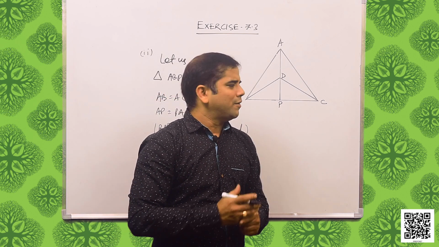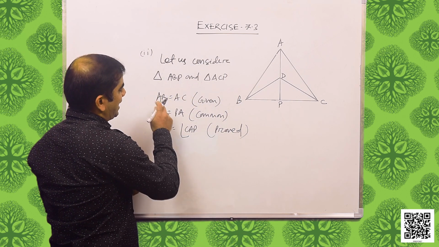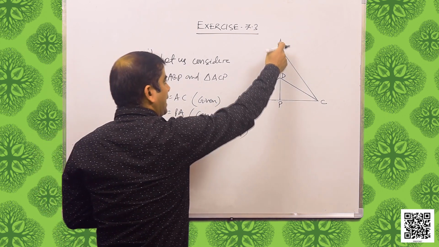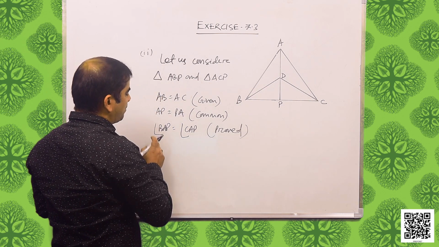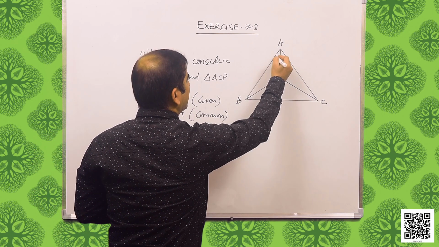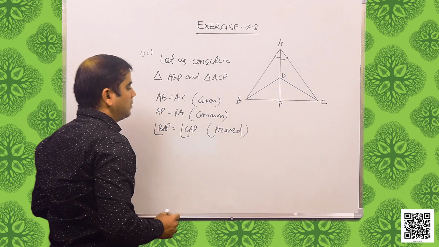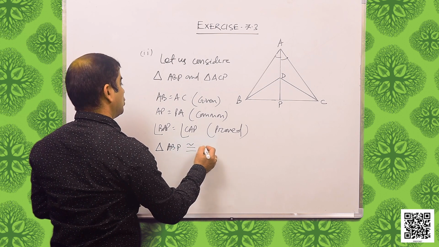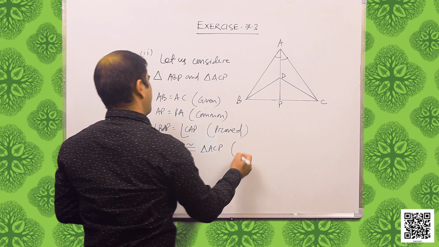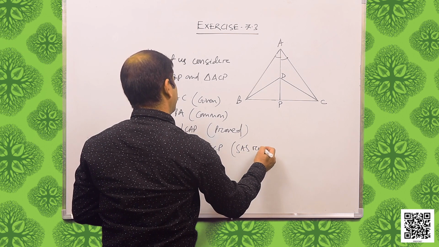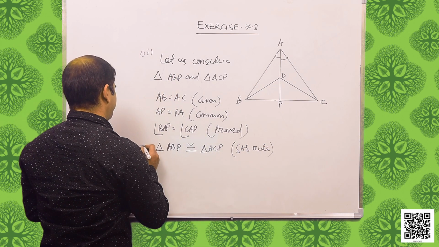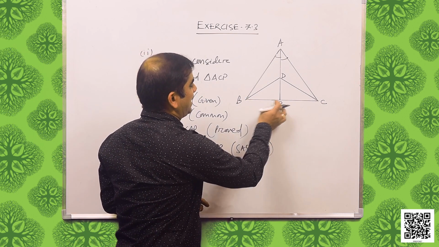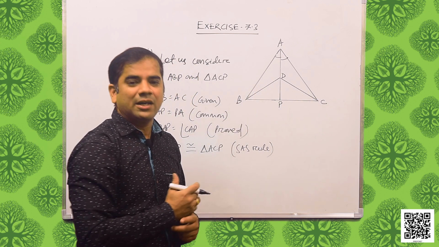Fine. So, from here, let us check. AB is equal to AC. AP is equal to PA because it is common. Angle BAP is equal to angle CAP. That means these are the included angles. So triangle ABP is congruent to triangle ACP by the SAS rule. It also implies BP is equal to PC, as these two are congruent now.